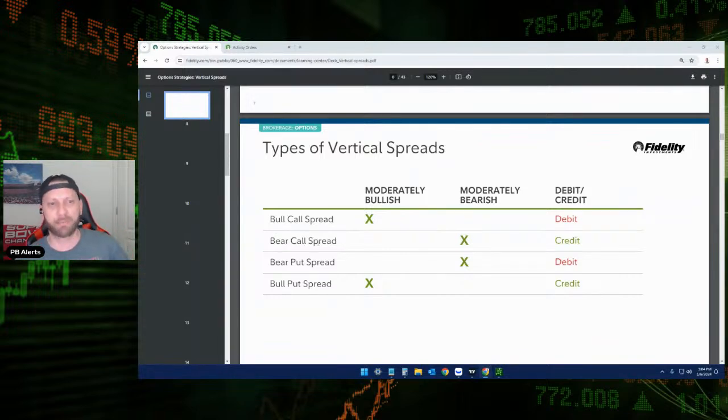There's 2 names for it: bear call spread or call credit spread. The more technical definition is a call credit spread, but they're calling it a bear call spread. It's obviously a bearish strategy. That's a credit spread. And then we went over put credit spreads, also known as a bull put spread, which also is a credit.